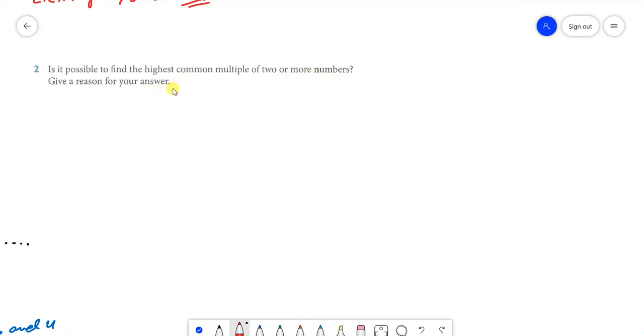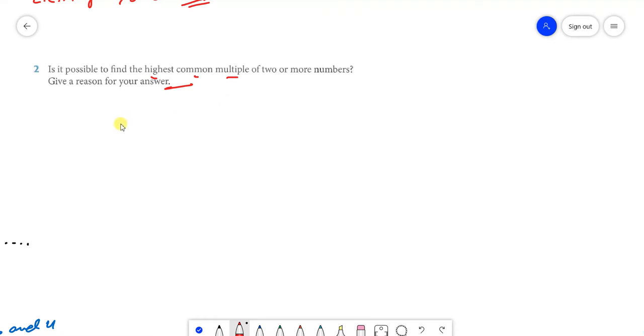Give a reason. Just like we found the lowest common multiples, now they're asking about the highest. It is not possible to find the highest common multiple. Why? Because there can be infinite common multiples.